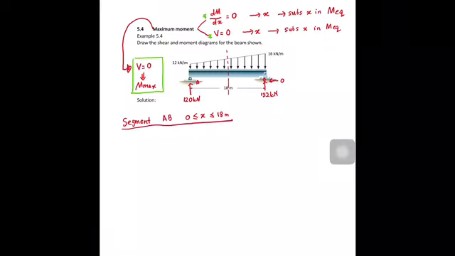Since the question did not give you the direction of cutting, you can start either from A or from B, it's up to you, but since I always start from the left, I will start from the left. This is the trapezoid. We already learned how to solve the trapezoid.